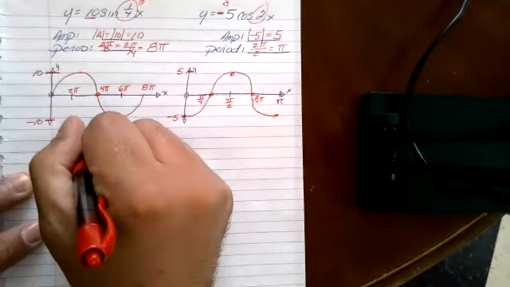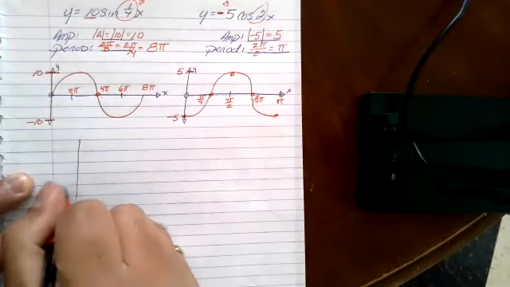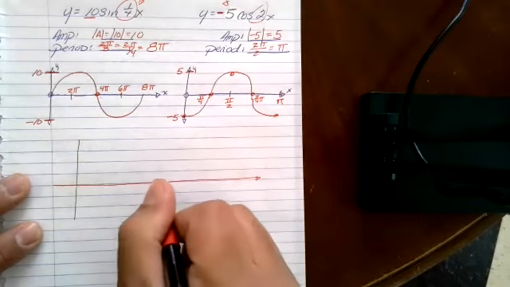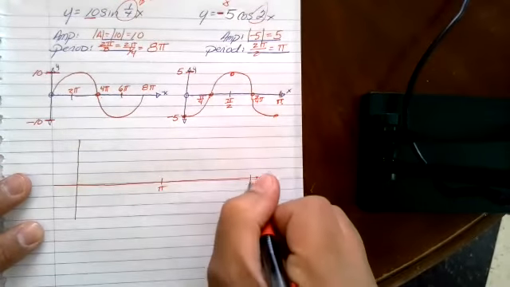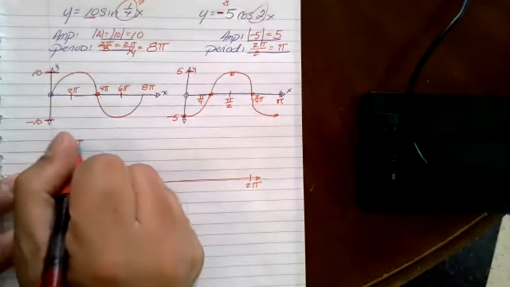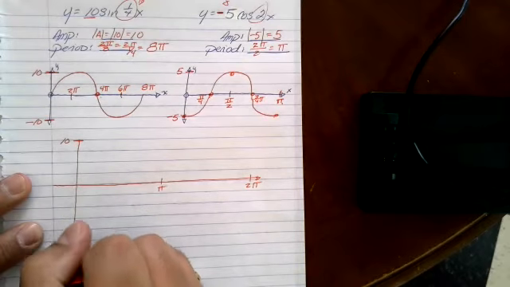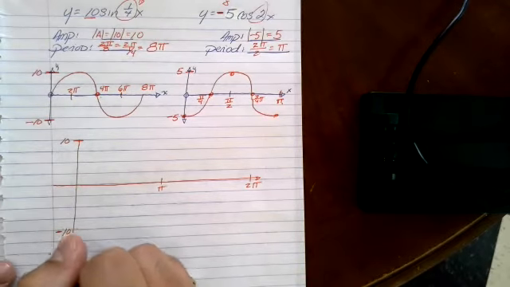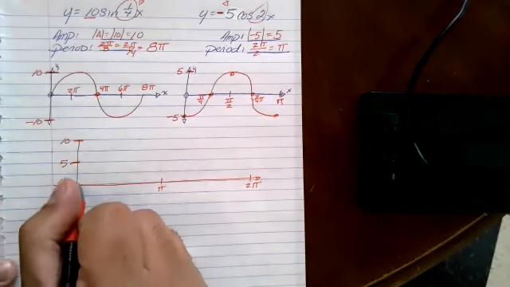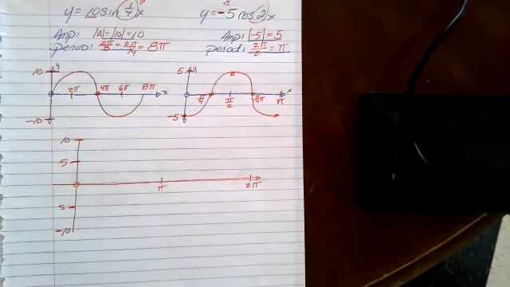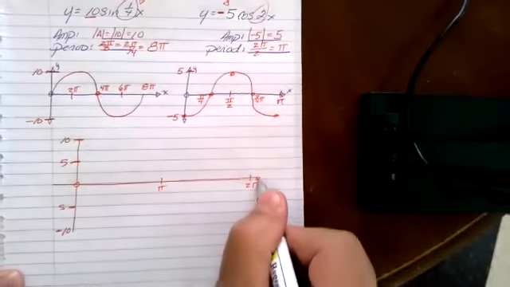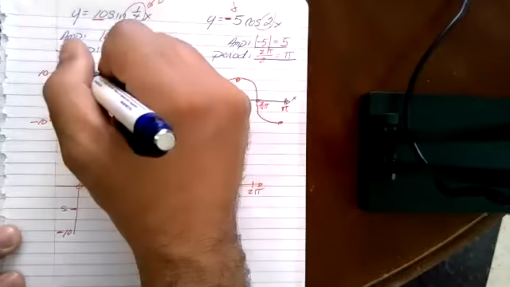Now what I want to do is transfer those onto a 0 to 2 pi interval. So that means pi is going to be halfway there, and I have 2 pi all the way over there. I know this goes as high as 10 and as low as -10. Right? So if I'm going to transfer this over and I look here at my sine curve, and I'm only going from 0 to 2 pi, well, 2 pi is right here.